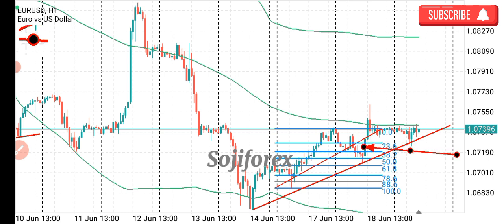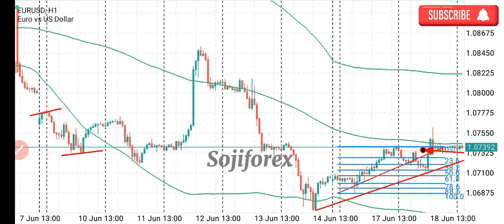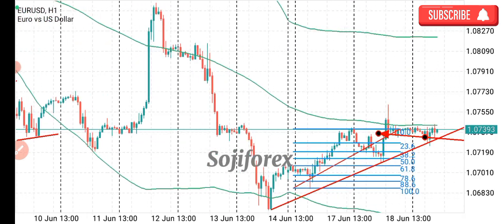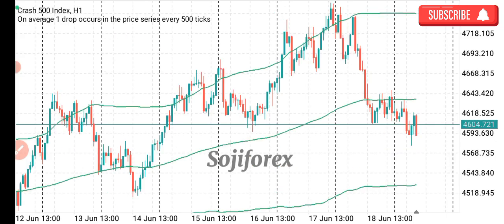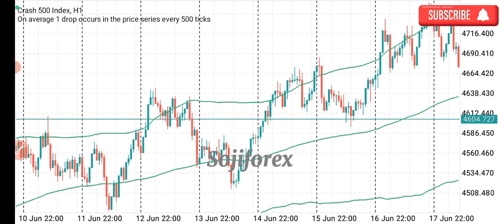Price pulled back to the 50.0 level. So once price closes below the 23.6 level of the Fibonacci, that is the beginning of retracement. So that is exactly how to know that retracement has commenced as far as trading is concerned.